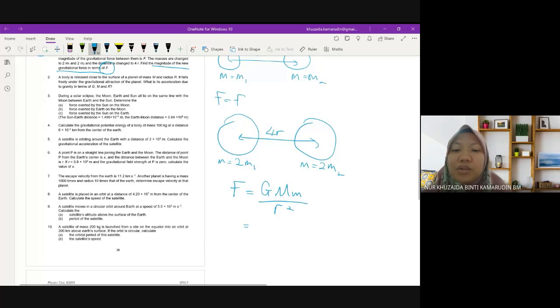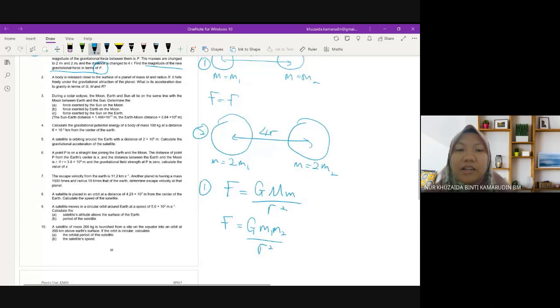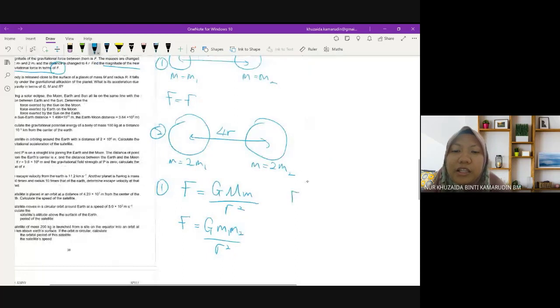So untuk yang pertama dulu kita tengok the first situation yang diberikan. So apa yang kita akan dapat, F adalah bersamaan dengan G M1 M2 over R square. So ini untuk the first situation. The second one, bila dah ditukar, number 2.